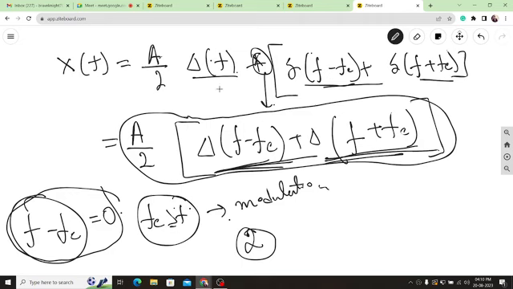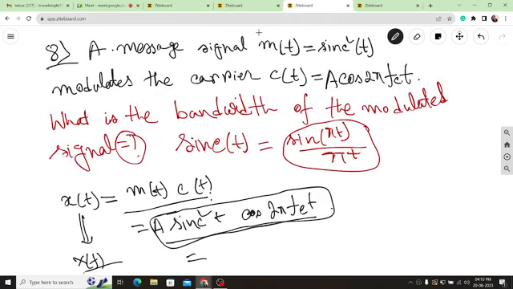Okay, now let us go to the last question of today's session. The last question says, consider we have a modulating signal m(t).